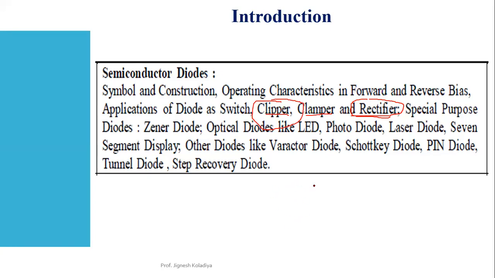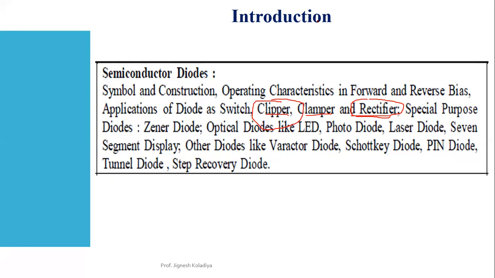We have seen without bias, with bias, then combination clipper, that includes both, like shunt positive as well as negative. Then after, we have seen the clamper circuit and its different types, right?